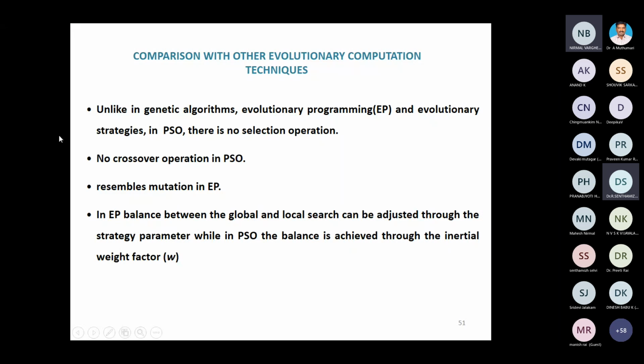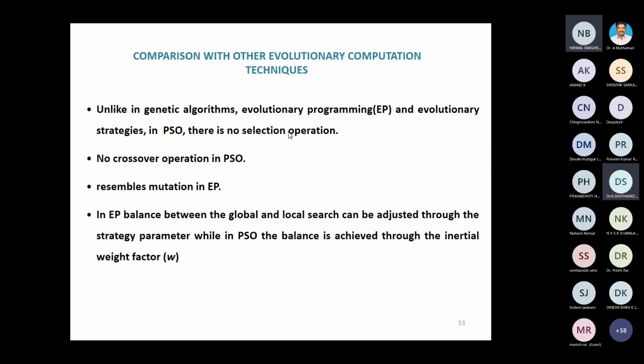Unlike in genetic algorithm, evolutionary programming and evolutionary strategies, in PSO there is no selection operation. இங்க பாத்தீங்கன்னா GA is based on a cycle called selection, crossover, mutation. இங்க அந்த மாதிரி எந்த ஒரு இதுவுமே கிடையாது. செலக்ஷன் ப்ராசஸ் கிடையாது, கிராஸ் ஓவர் ப்ராசஸ் கிடையாது, மூட்டேஷன் ப்ராசஸ் கிடையாது. பட் ஆனா இங்க வந்து லோக்கல் பெஸ்ட் செலக்ஷன், குளோபல் பெஸ்ட் செலக்ஷன் இருக்கு, வெலாசிட்டி காம்பினேஷன் இருக்கு, ஆக்சலரேஷன் கான்ஸ்டன்ட் இருக்கு, இனர்ஷியல் வெயிட் ஃபேக்டர்ஸ் இதெல்லாம் நீங்க இனிஷியேட் பண்ணணும். பட் ஒன்ஸ் பண்ணிட்டீங்கன்னா அப்புறம் ஆட்டோமேட்டிக்கா அந்த வேல்யூஸ் அப்படியே ஐட்டரேஷன் போயிட்டே இருக்கும்.